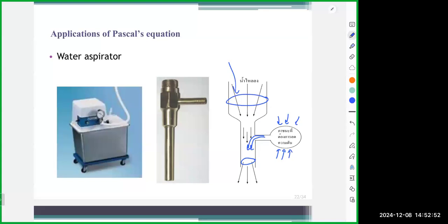However, if you would like to add pressure, you can do it inwards. For example, here is your container, right?